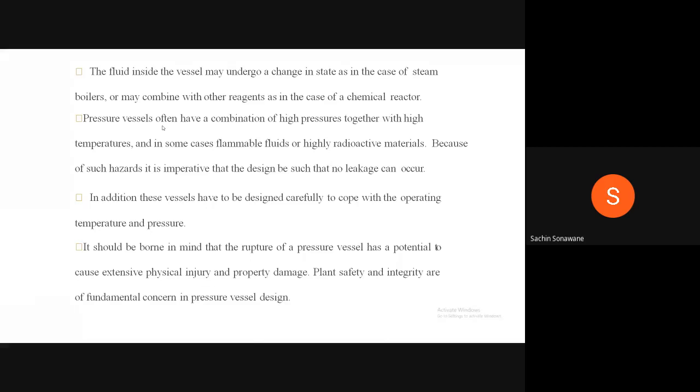Now, day before yesterday, we saw one news, or we read news in the newspaper and saw it on the television channel, that in Nashik, there was a leakage of oxygen from the tank.